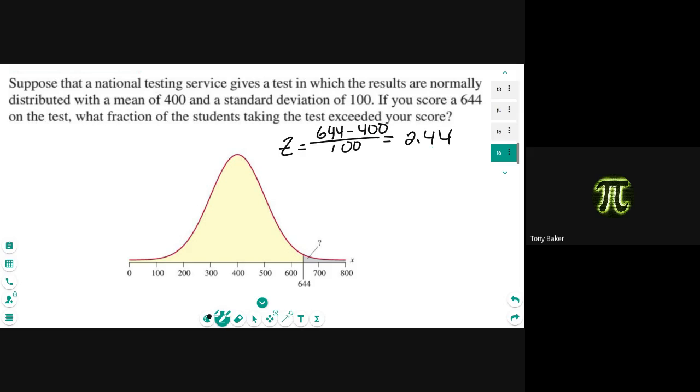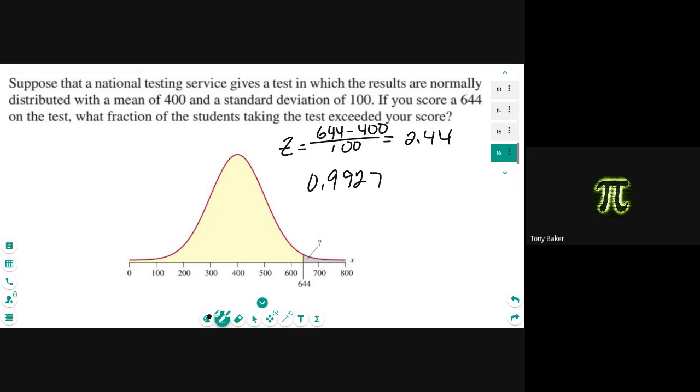Step 2, go to the table and find 2.44. 0.9925, right? 0.9927, you have? Oh, you're right. I'm off by 1. Okay, 0.9927. So the probability that Z is less than or equal to 2.44 is 0.9927.